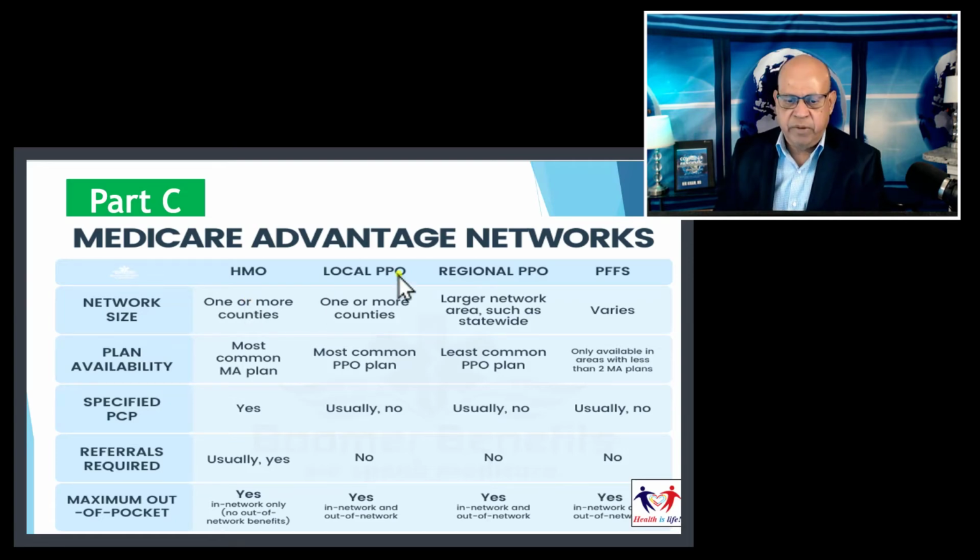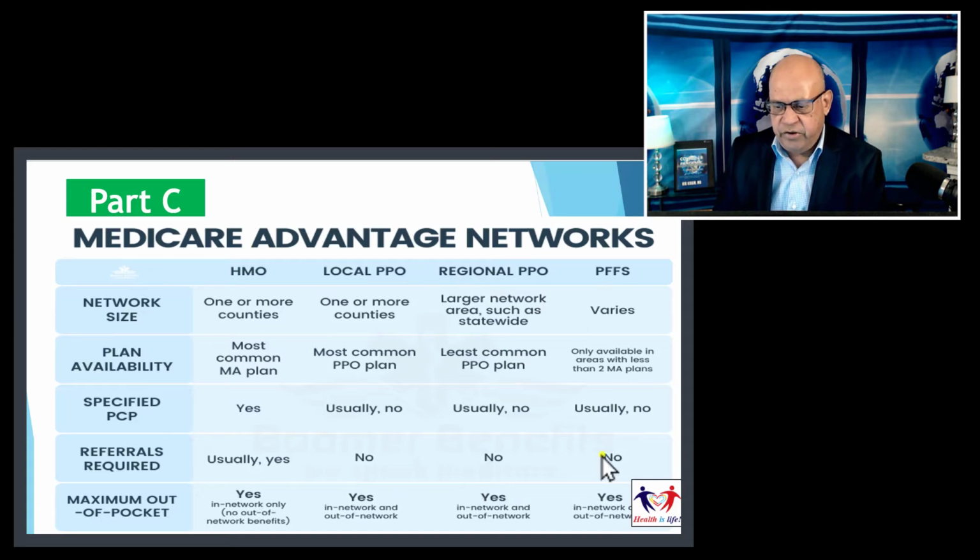Whereas having a local PPO may be more economical, but if you go to a regional PPO, it may help you to have a broader coverage and more options available if you travel 6 months in one state, one city, and 6 months in another city. That's where I think the regional PPO may be a better choice.